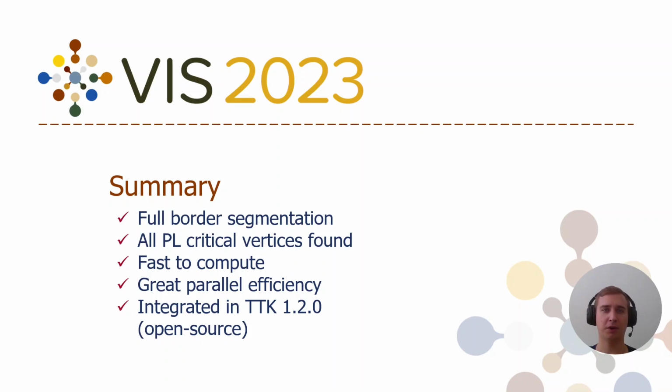Also, Morse-Smale complex implementations can either exhibit additional critical cells or miss critical cells out. Then, like we just saw in the performance analysis, the Morse-Smale segmentation is much faster to compute compared to the Morse-Smale complex implementations. Also, our solution is open source and integrated in TTK 1.2.0.